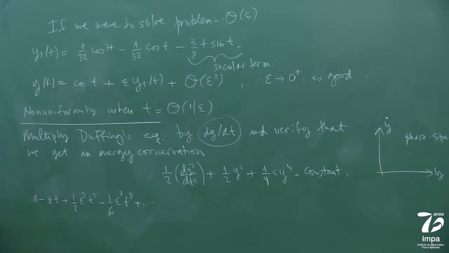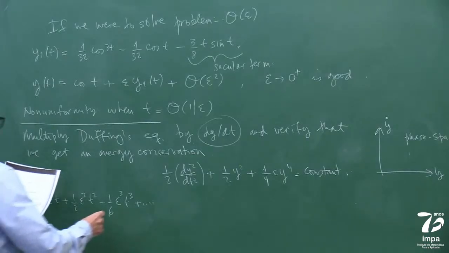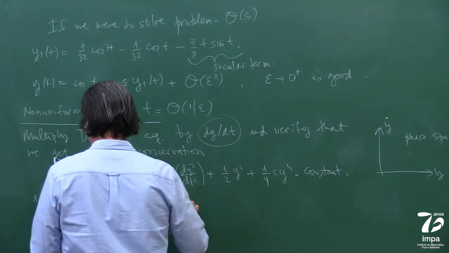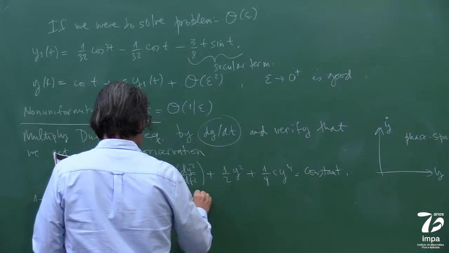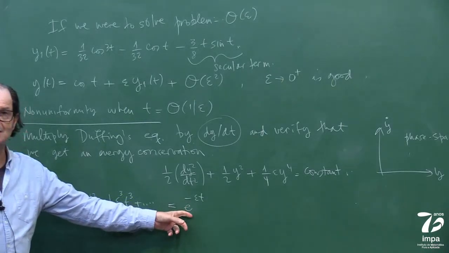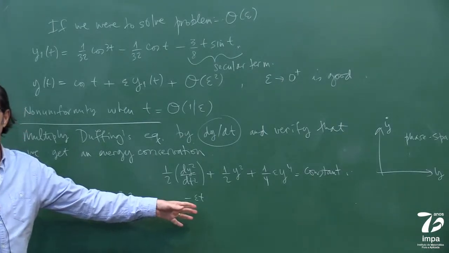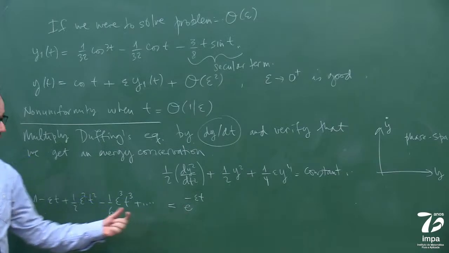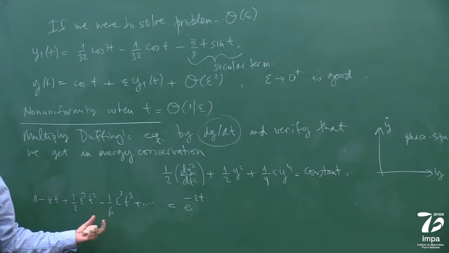But actually this is equal to e to the minus epsilon t. So if you sum all these guys, it's small, and as t grows, there's no problem. But if you look at terms individually, right?